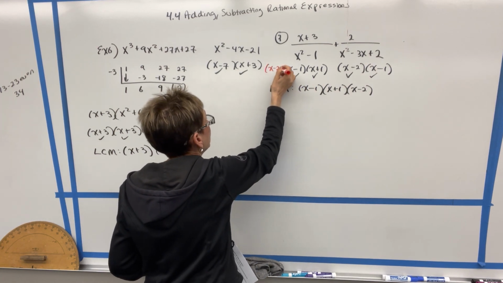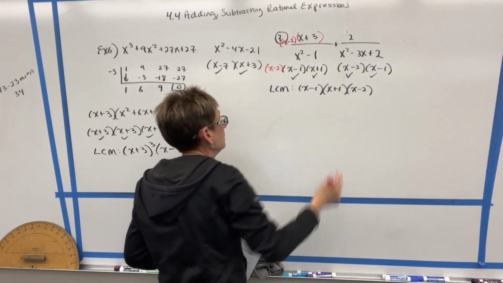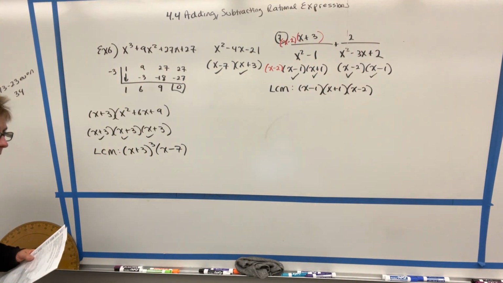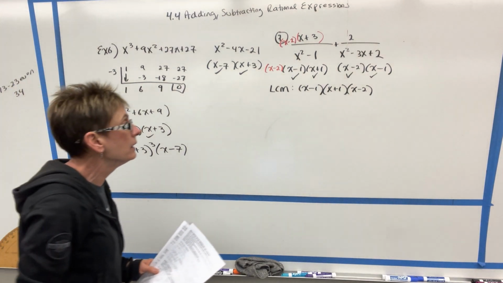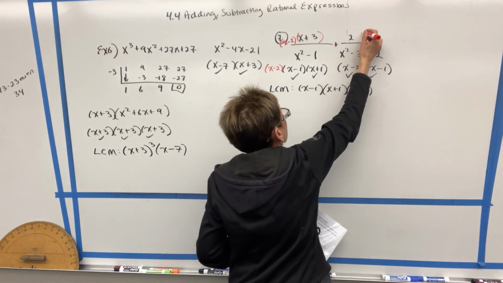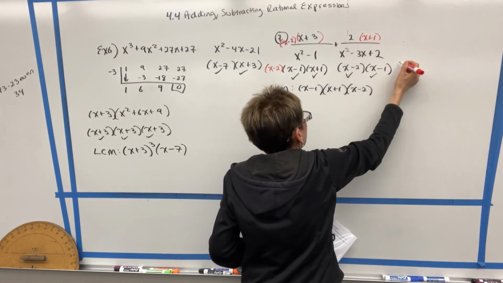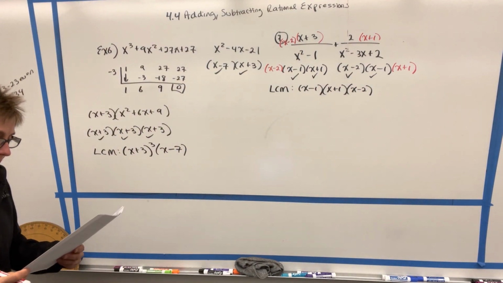So I'm going to multiply the top and bottom of this first fraction or rational expression by x minus 2 so that it will have the appropriate denominator. The second denominator is missing an x plus 1. So I'm going to multiply top and bottom of this rational expression by x plus 1.